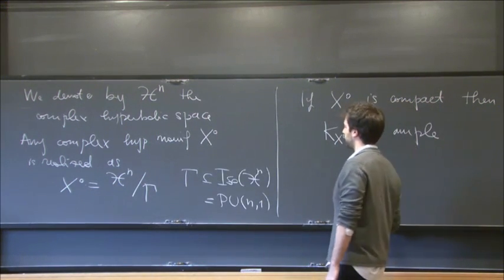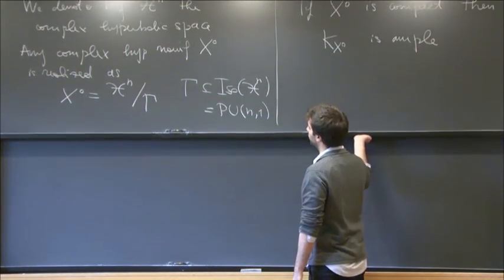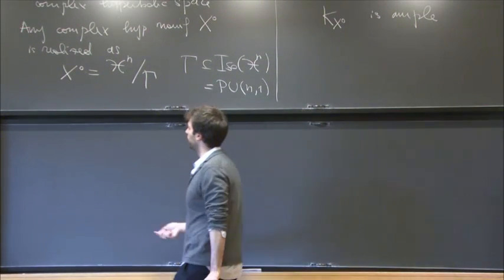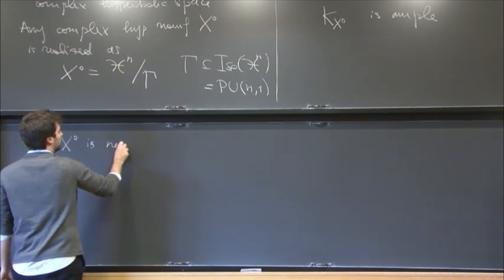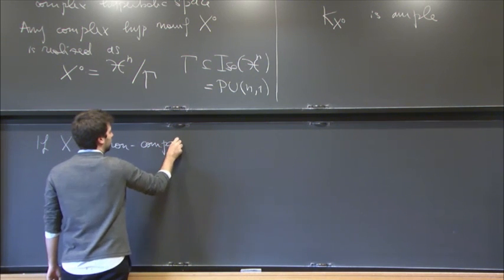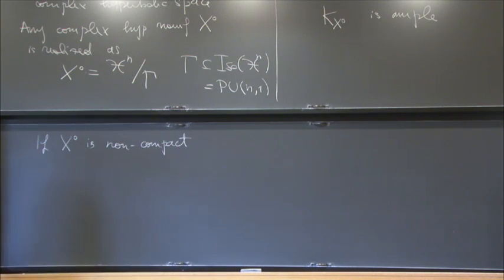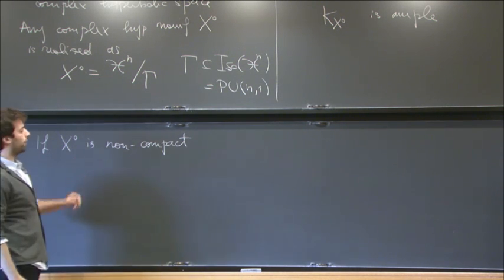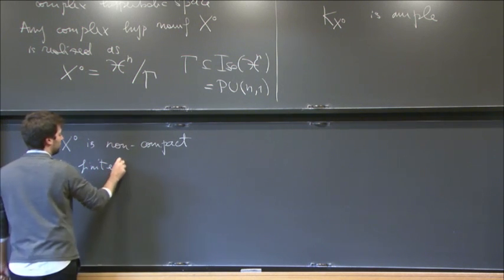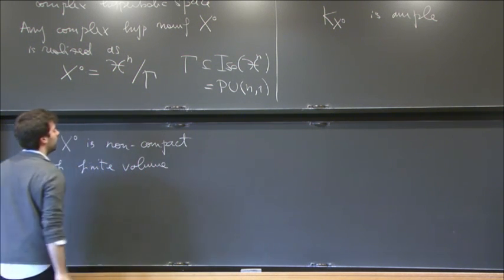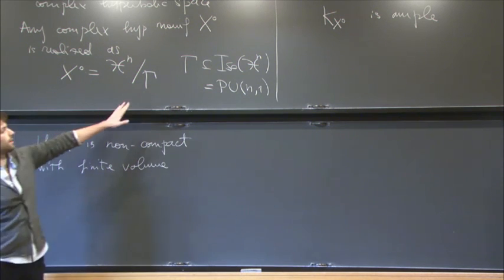If X naught is non-compact, then there is a very nice compactification, which is usually called the Baily-Borel compactification. Let me draw a picture. I have a non-compact manifold, and I'm assuming also finite volume, which follows again because this is a lattice.